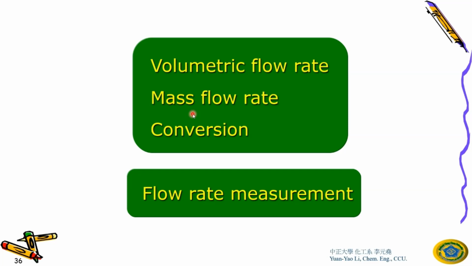By density. Okay, and if you know the definitions of volumetric flow rate and mass flow rate, what's the tool you need to use to measure the flow rate? Rotameter. Okay, I want you to remember this word, rotameter.